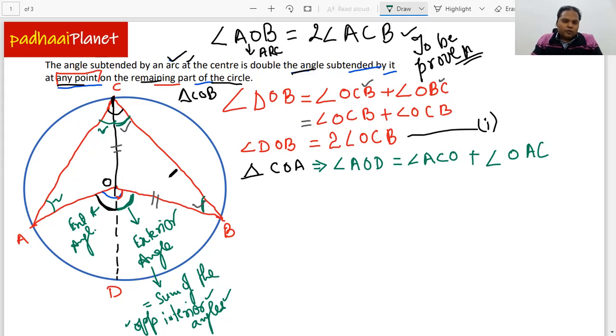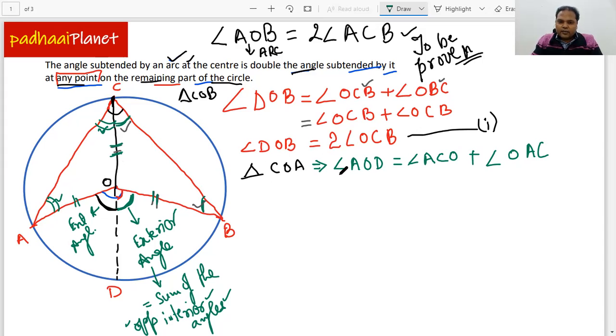And as we found in this particular triangle, these two sides were equal to each other, because they being the radius of the same circle. Similarly, this side and this side, basically OC is equal to OA, right? And if that is equal to each other, then these angles are also equal to each other, because then they are isosceles triangles.